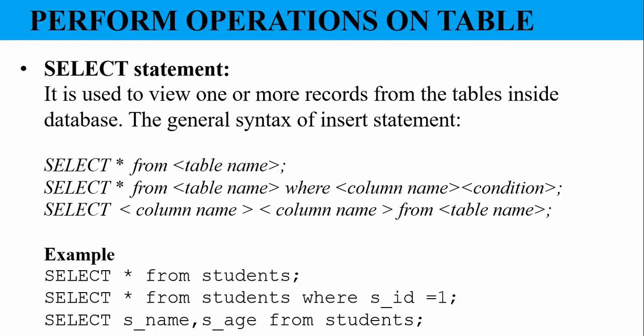Then in the third way, I'm saying select s underscore name, comma s underscore age from students. So if there are around 5 columns, from those 5 columns I only want to see the name and age. This is the way through which you can do this. So you have to give the names of the columns, like saying select s underscore name comma s underscore age from students. So this is a select statement, and you can use the select statement in 3 different ways.